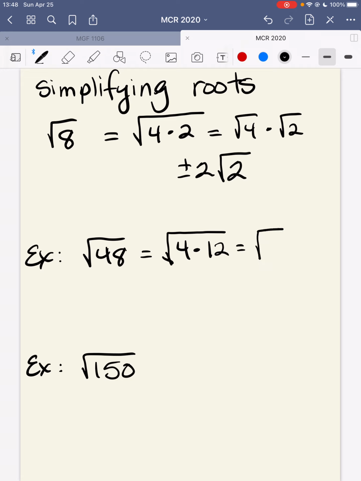I can rewrite this because I have a 12, and 12 is 4 times 3. What we're looking for when we do square roots is perfect pairs, and I have a pair right there. So in this, it would be plus or minus 4 square root of 3.